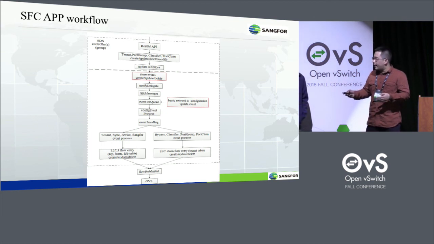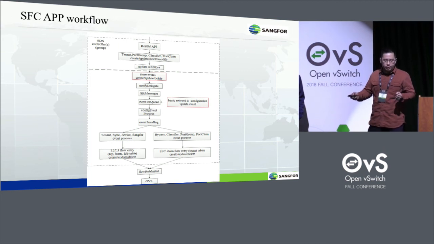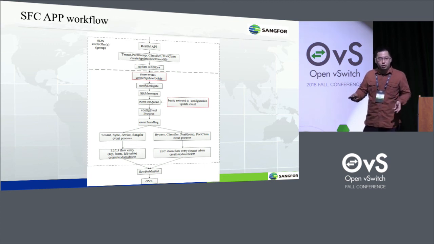Okay. Then these events are dispatched to different components for processing in more detail. There are 2 main types of events. One type is the basic network function related events. It's about the tenant, the synchronization, the device, and configuration events. It will influence the configuration and the flow entries of the layer 2 and layer 3 network functions, like the ARP table, learning table, FIB table.